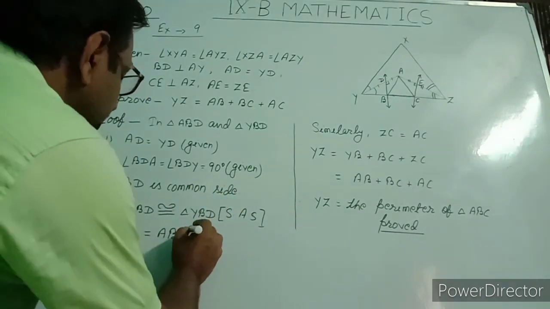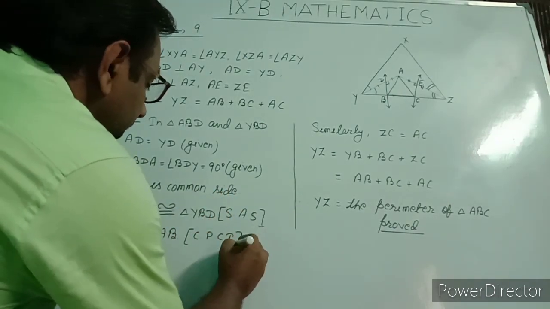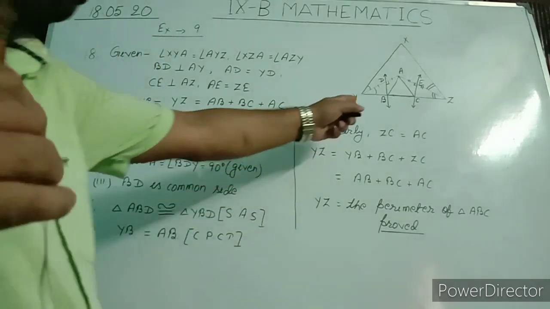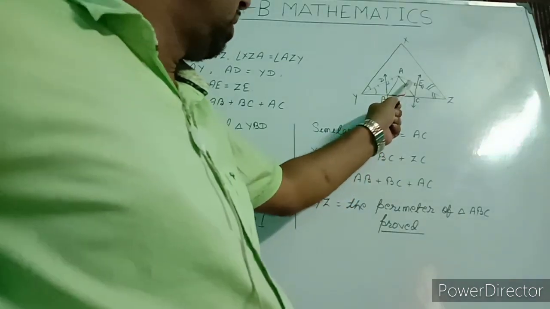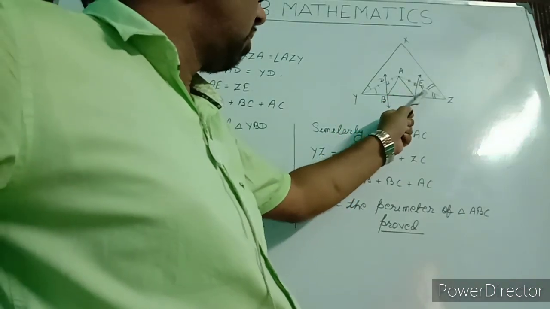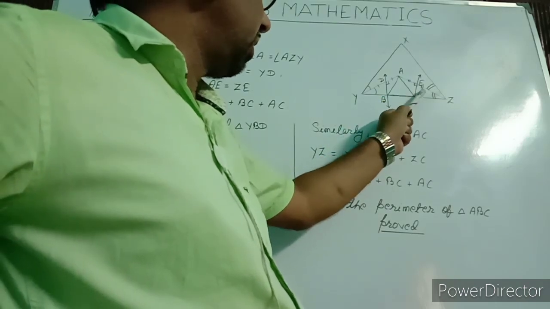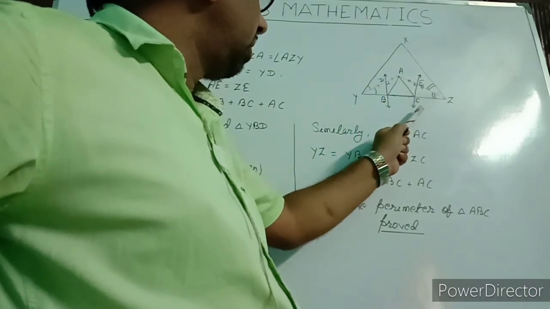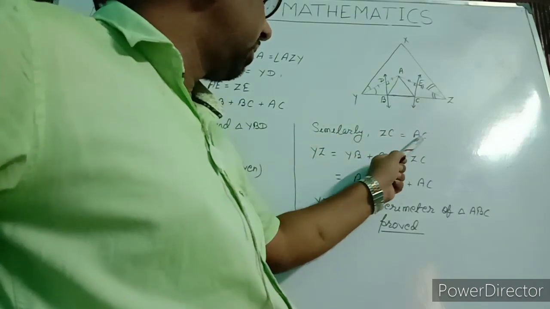So using CPCT we can say, YB equal to AB. Similarly, triangle ACE and triangle ZCE, these two triangles are also congruent. So similarly we can say ZC equal to AC, I wrote.